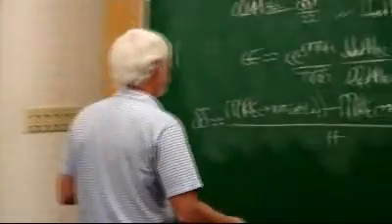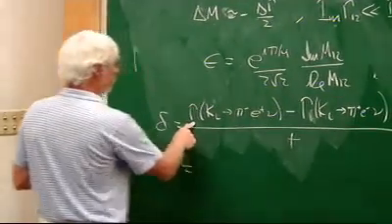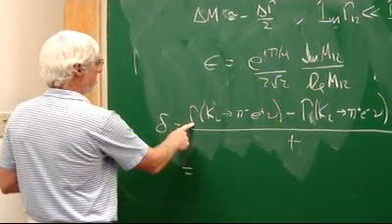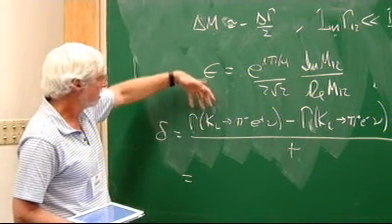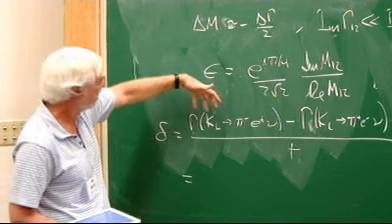Well, if you do the calculation, the width is some mass times the amplitude squared, mass being phase space.